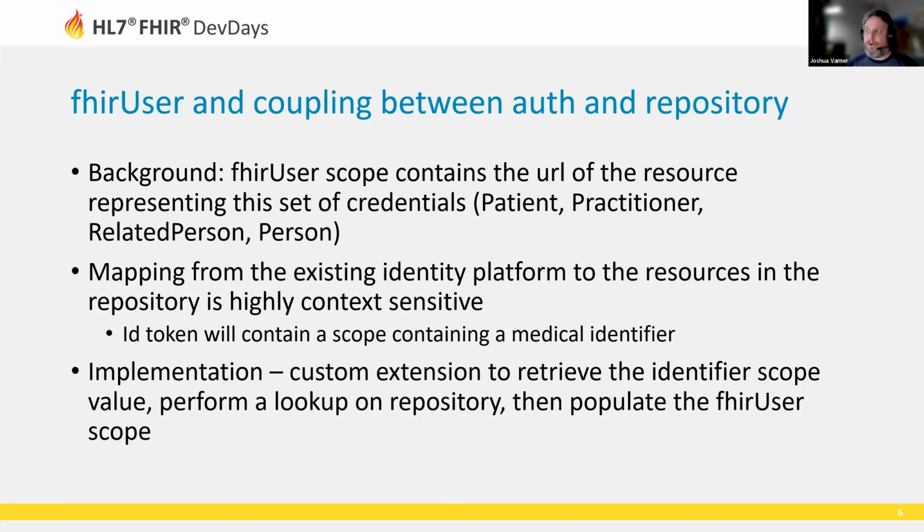So for our particular use case, the ID token is going to contain a scope with a medical identifier that we're going to be able to request. And from an implementation perspective, we're putting together a custom extension for Keycloak that will retrieve that identifier scope value, perform a lookup on the repository, and then populate that FHIR user scope.